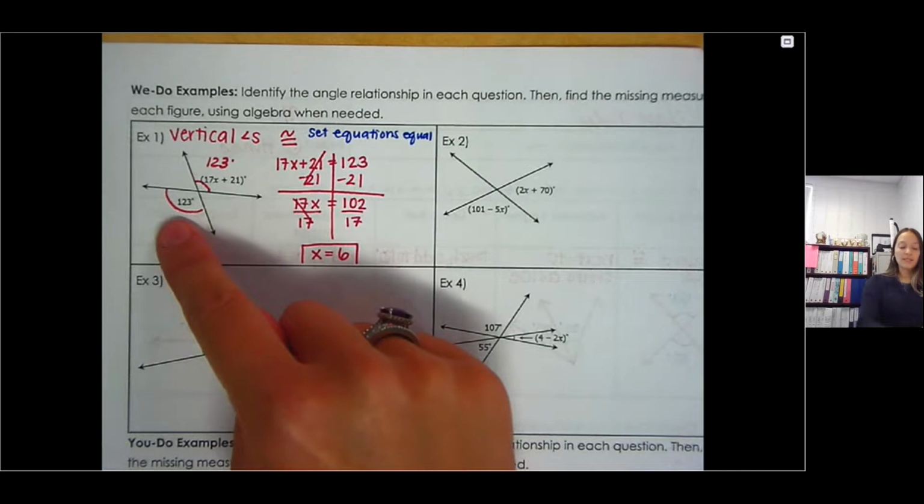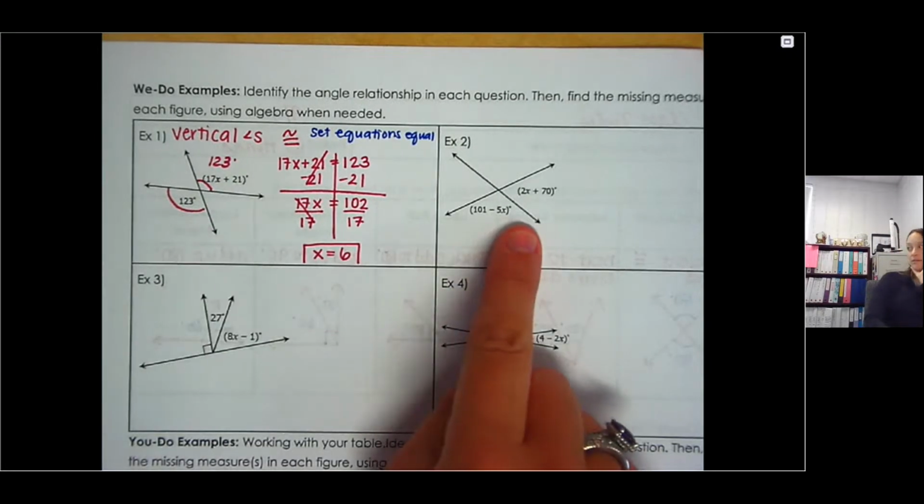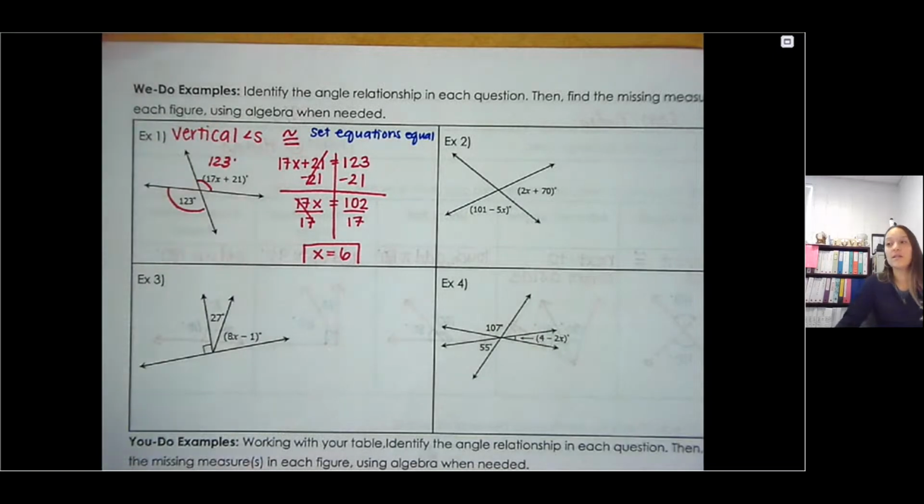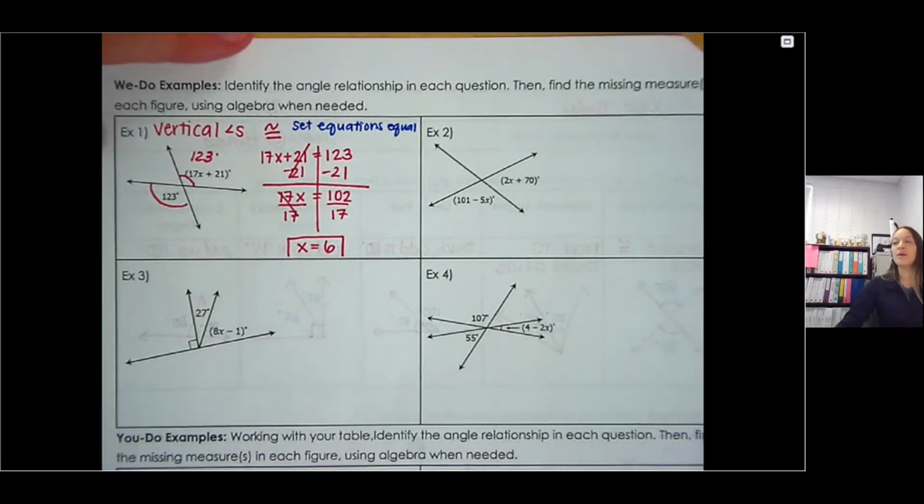Opposite ways. Opposite. Do these two look like that? No. They're adjacent. There's more than just adjacent. Olivia? They're also supplementary, and there's one more. They're a linear pair. They're all of those.